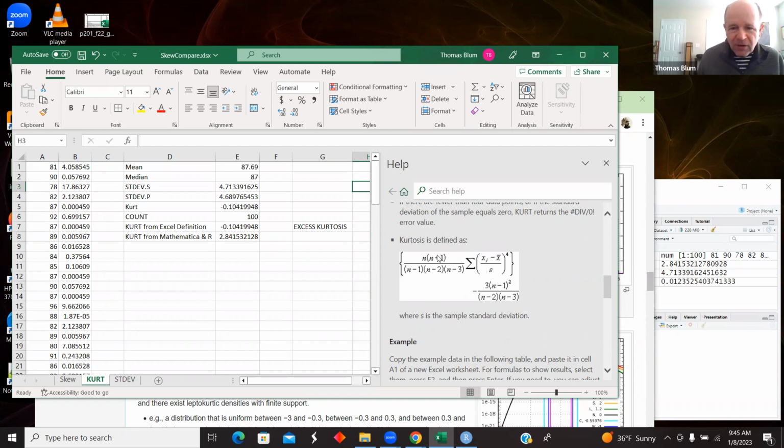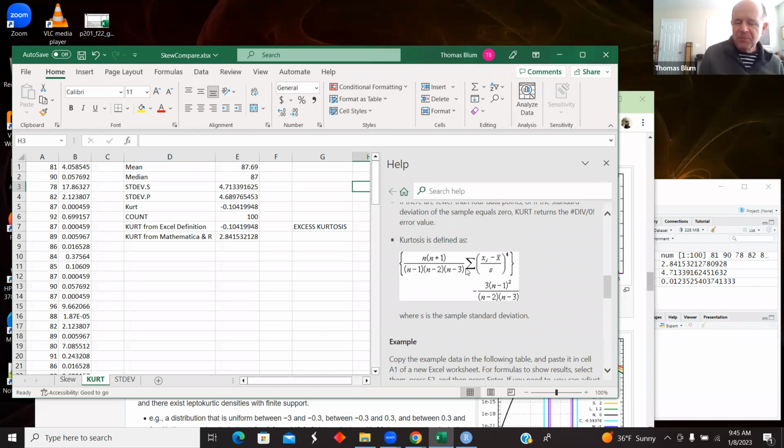Now I can't derive this formula for you in any way, but I do want to point out that this form here is going to be one of the things that differs between Excel and the definition used by other things. And another point I want to make is that this format is designed to diverge if the number of points is 1, 2, or 3.